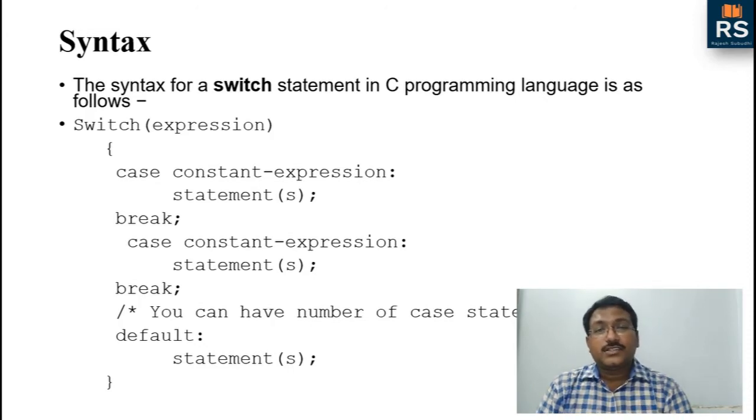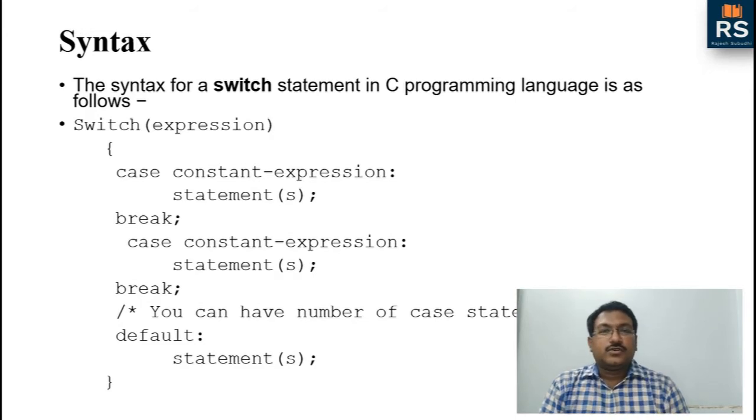If the else if condition is not satisfied, then we go to else, where there is no condition. Similarly, if the expression of the switch and the constant expressions of the cases are not equal, that means we cannot find an equal thing, then default will be executed. That means default is the else part.